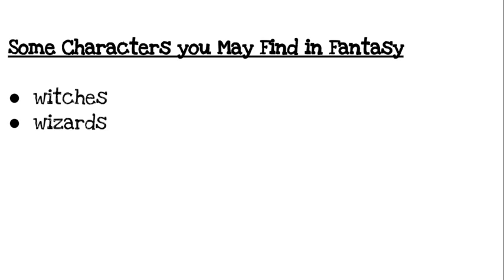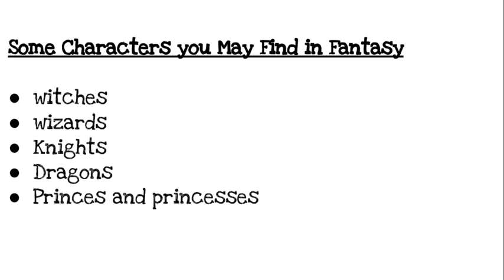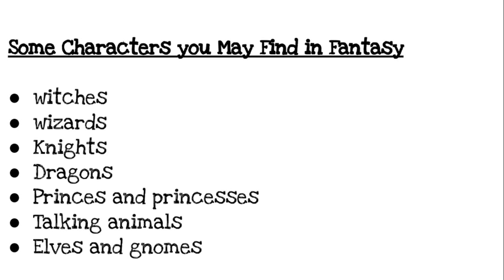There might be wizards, knights, dragons, princes and princesses, or talking animals. A book you choose to read also might have fairies or different kinds of creatures. These are just to give you some ideas when you start to look for a fantasy book. Maybe the book you choose has elves and gnomes.